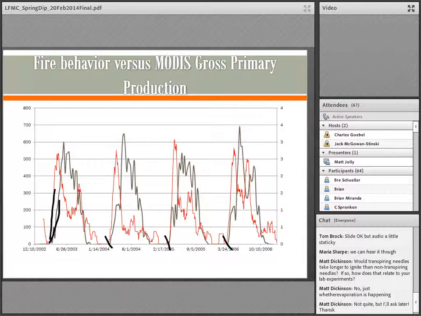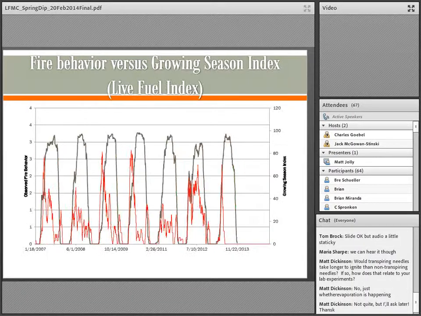And if we use a similar metric, which is just weather driven, this is the growing season index. It's just a proxy, very similar to the MODIS GPP, a proxy of productivity, but it's something we can calculate every day. But it's meant to tell us when the growing season starts and when it ends. And what you'll see is that we get the same relationship with it, and this is over a 7-year time frame.